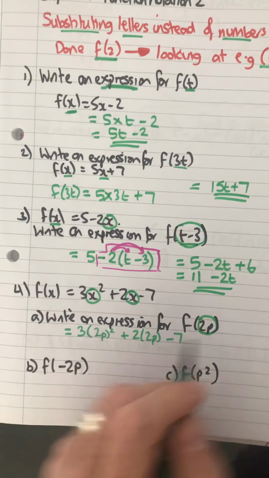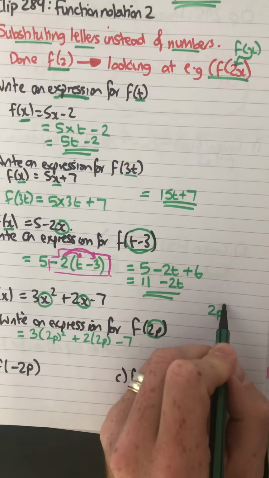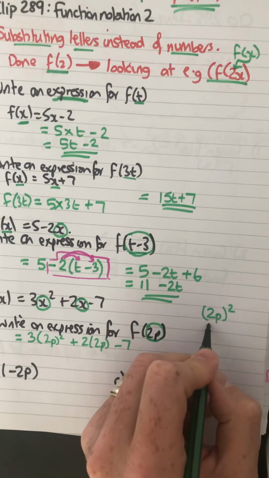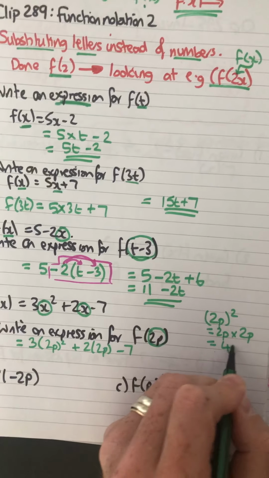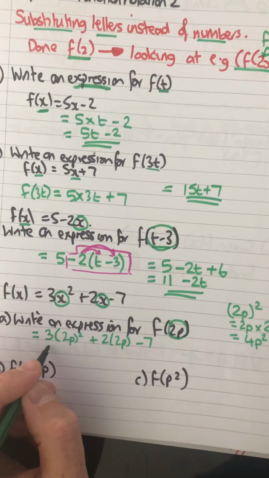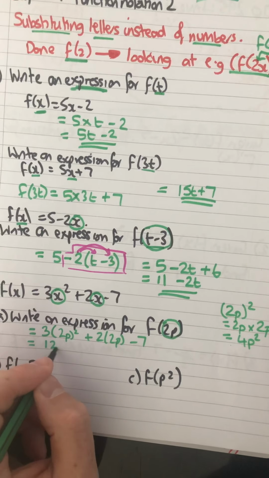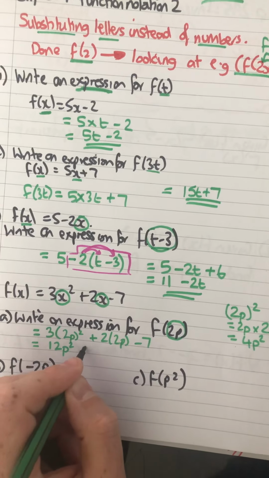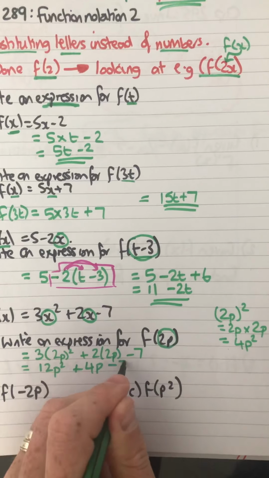Right, what's 2p squared? 2p all squared is the same as 2p times 2p. Well, that will be 4p squared. So I've got 3 times 4p squared, which is 12p squared. Plus 2 times 2p is 4p, and then a minus 7 on the end.